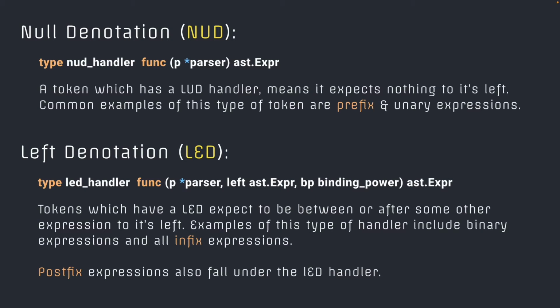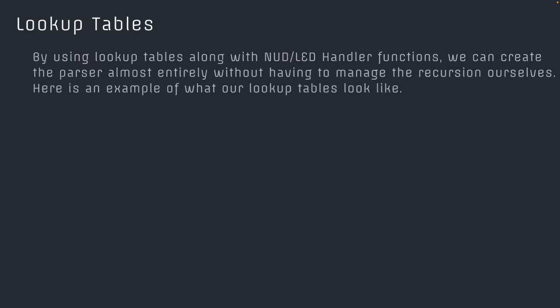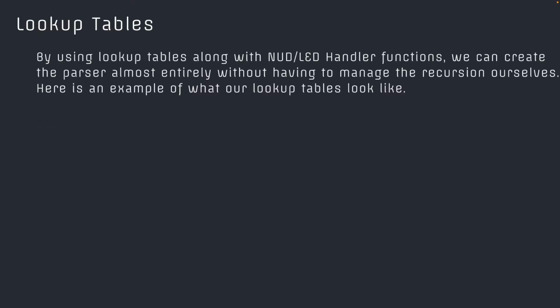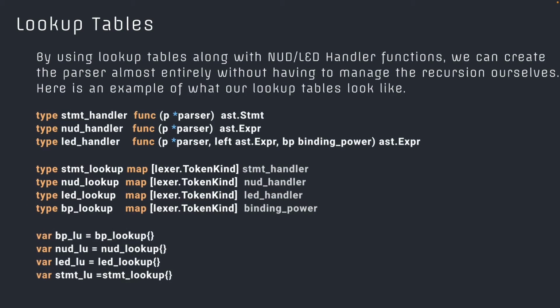In this episode, we're just going to write the parser for binary expressions so we can get a grasp of how this all works. Lastly, we have lookup tables, which is where the idea of Pratt parsing really comes together. We define a lookup table for each of the types of handlers as well as the binding power. This allows us to let the parse expression function, which is the heart of the Pratt parsing technique, unravel the recursion for us.